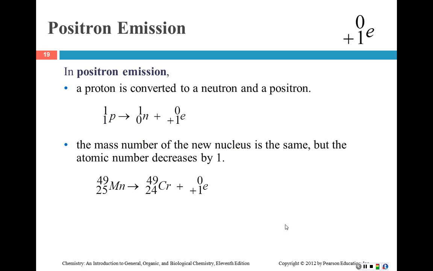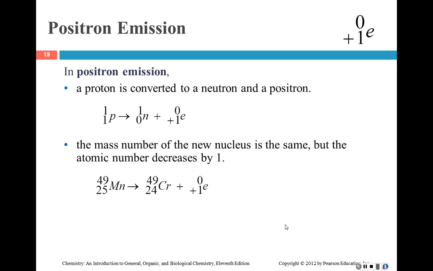In positron emission, a positron, and this one's easy to remember because you've got an alpha particle, which is basically a helium with a 4 and a 2 on it. Then you've got a beta, which is the next one, which is a high energy electron. The positron is just a positively charged electron.